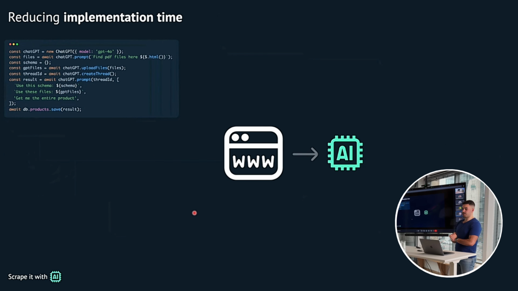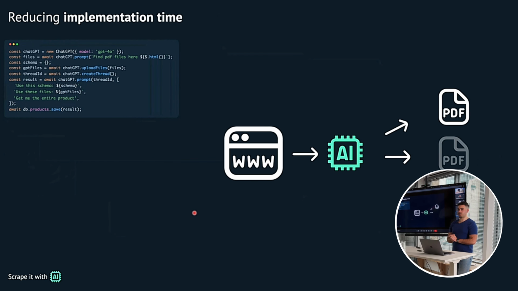One of the first challenges that we faced were time challenges, because implementation took longer than we initially anticipated. For this, we were suggested to use ChatGPT also for scraping the website itself, because up until this point we were using Cheerio and manual scraping.